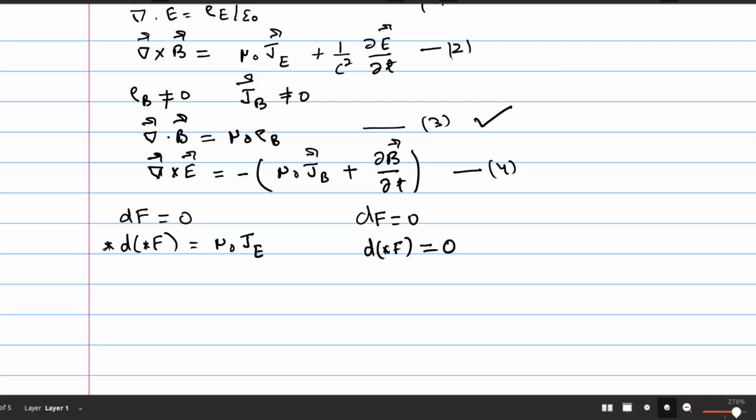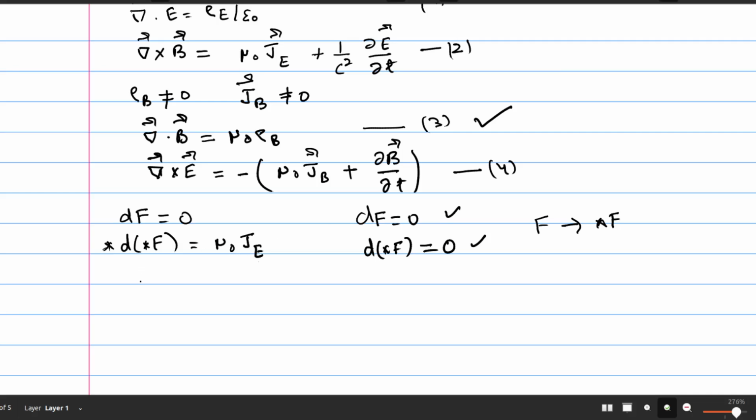So it's easy to see that there's a symmetry here. If we replace f with star f and we replace star f with f, then these equations transform into each other. So in this case, this electric magnetic duality is simply replacing f with its Hodge star.